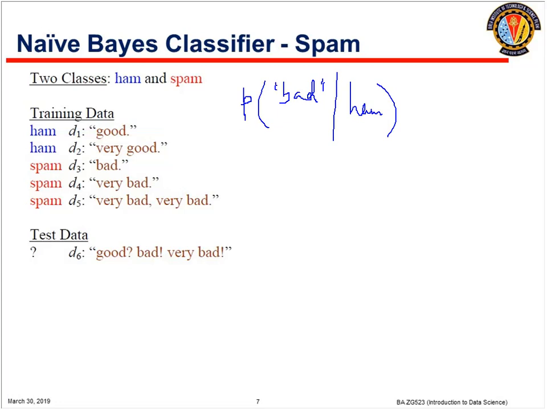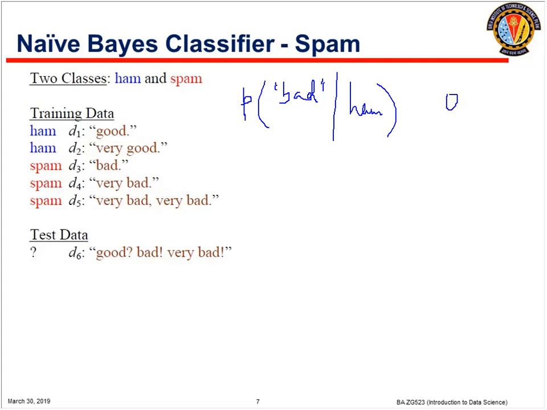So what is the probability of bad, given that the document is ham? Just looking at this training example, bad is not present in any of the ham documents, so it will be straight 0.